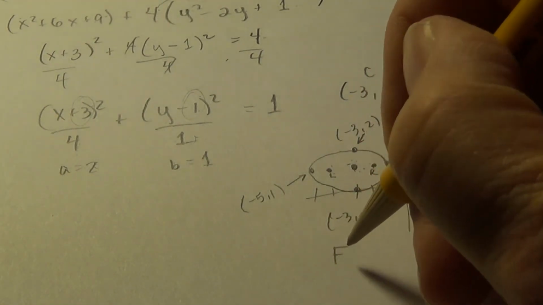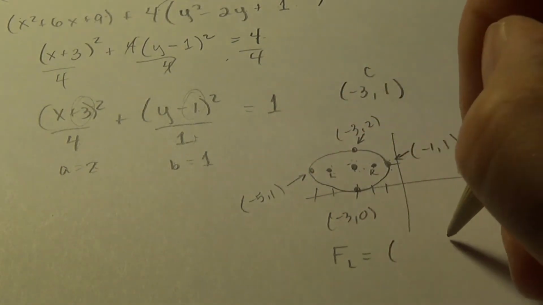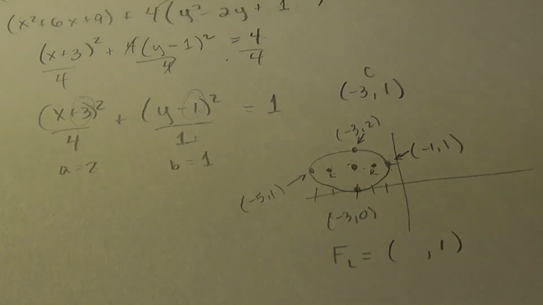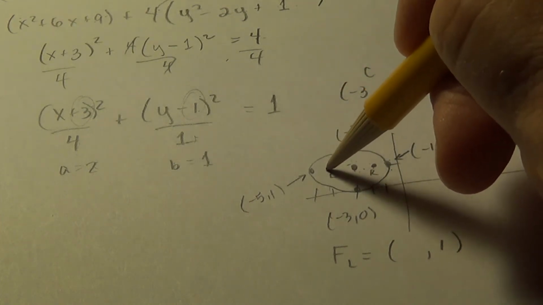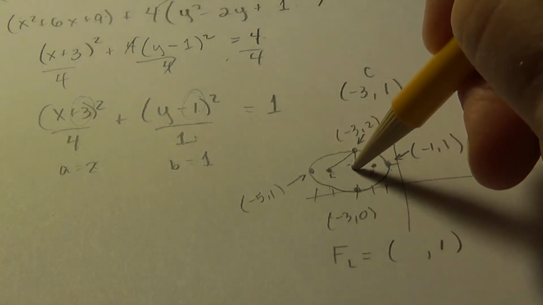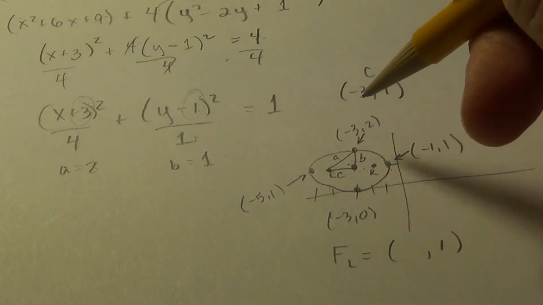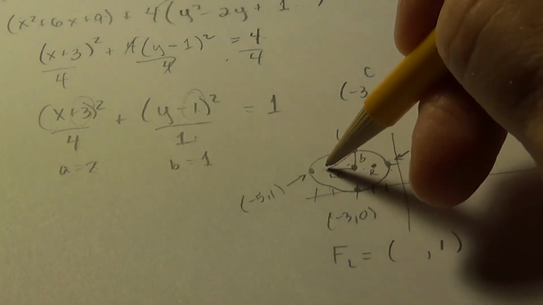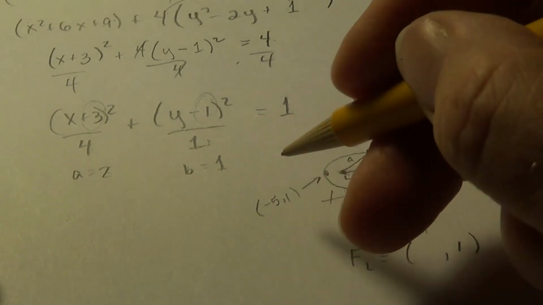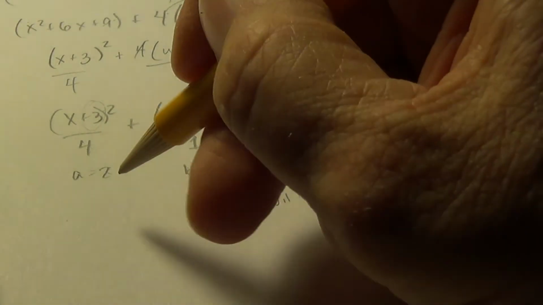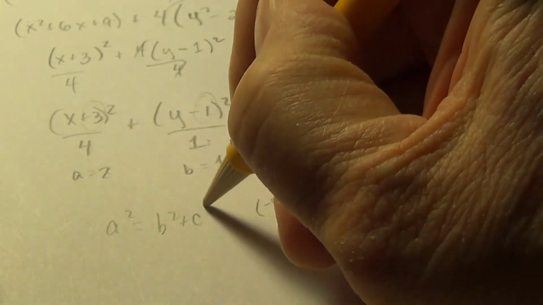So the left focus is going to be on this line, which is at 1. So I'll put that value in. But I need to know how far this is. So I knew the relationship is like this. This is A, this is B, and this is C. So once I find C, I'll be able to identify the foci. I know A and B, so working over here, I have A squared equals B squared plus C squared.